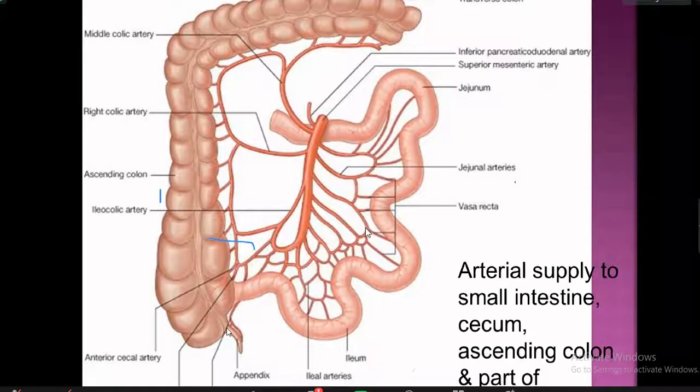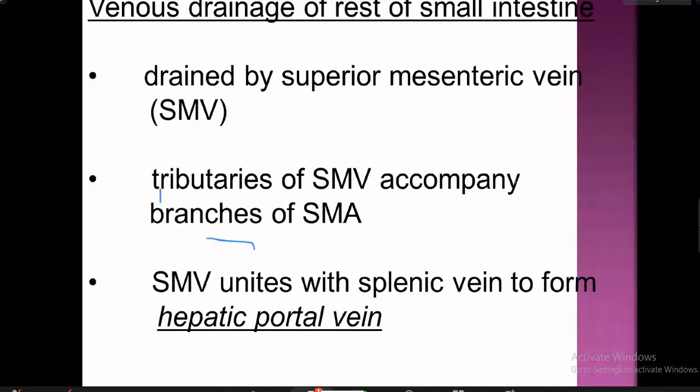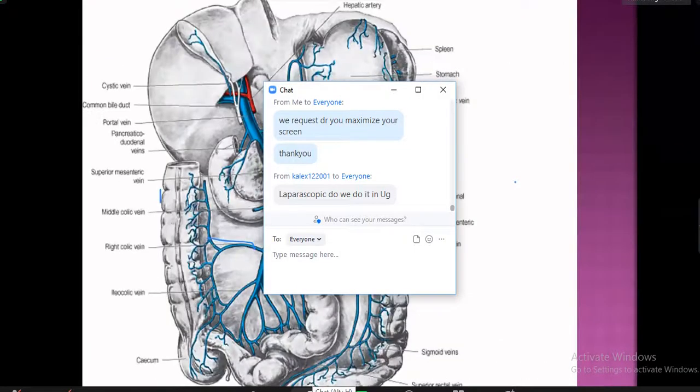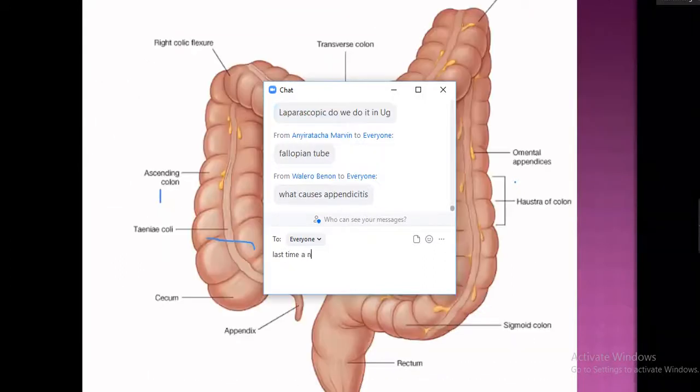If you think that is not the appendix, you can tell the person politely, first again, okay? Show me the cecum. If you say show me the cecum, that will click in the person's head that you want to know, okay? Maybe it's not the appendix that the person is having, or you've picked a wrong tissue.